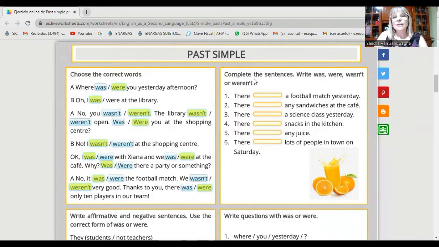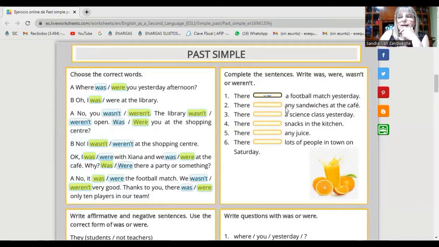Ok. Complete the sentences. Write was, were, wasn't, or weren't. Bien. Okay. There was, oh, qué poco espacio. Well, there was a football match yesterday. There any sandwiches at the cafe.